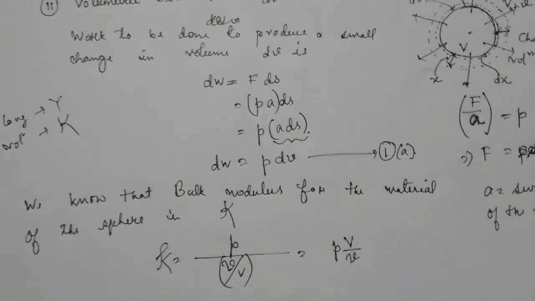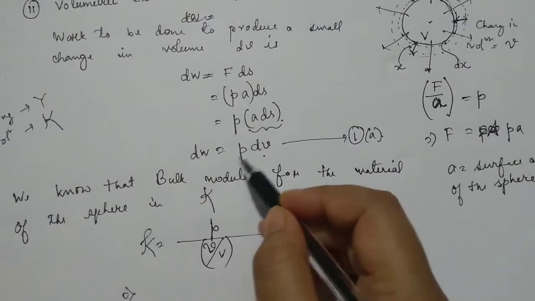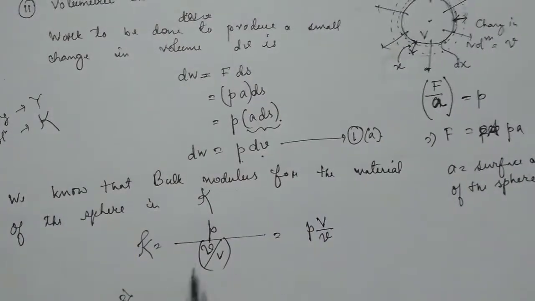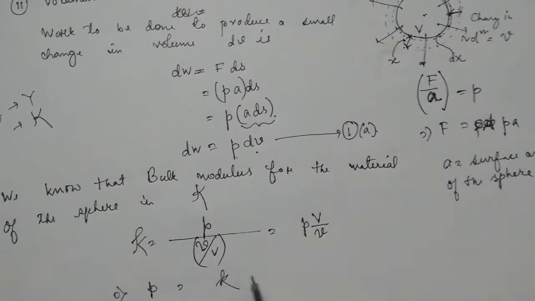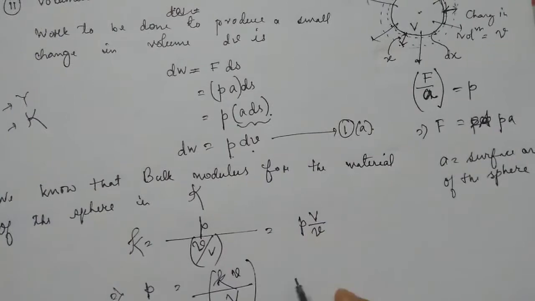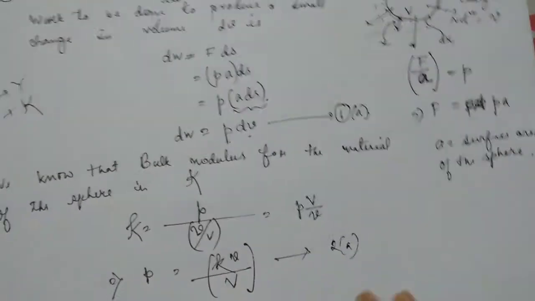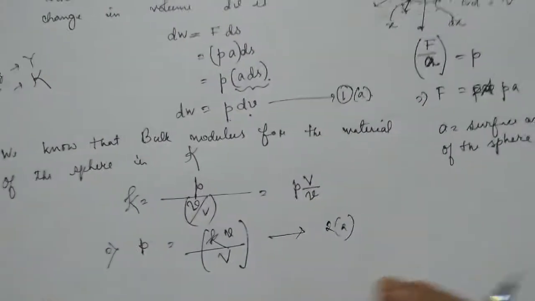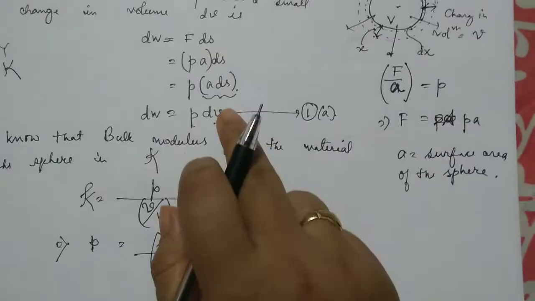In equation 1a we need the value of P. So P will be equal to kappa into small v by capital V. This is our equation 2a. We will use this in 1a.